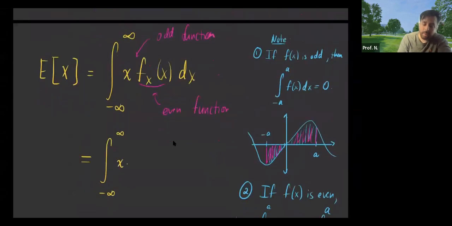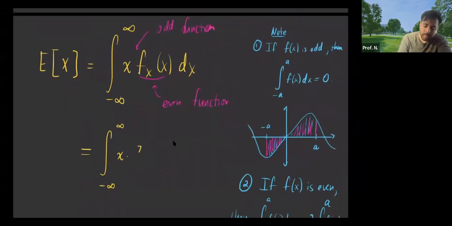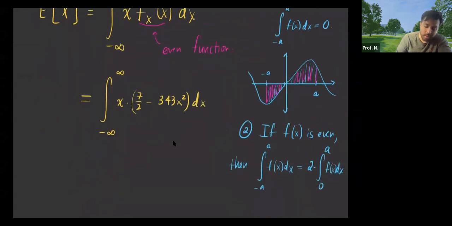So if I were to integrate this on a symmetric bound, x multiplied by (7/2 minus 343 x squared) dx, I should already understand that this will be 0 because this is an odd function, and we have a symmetric bound.